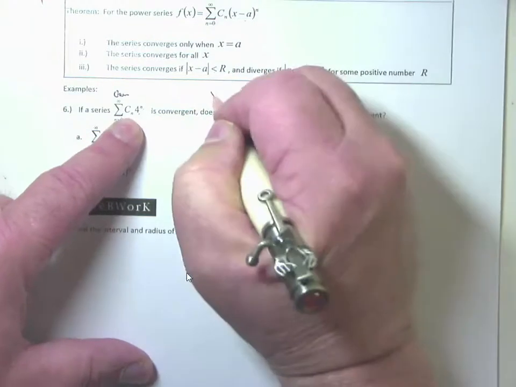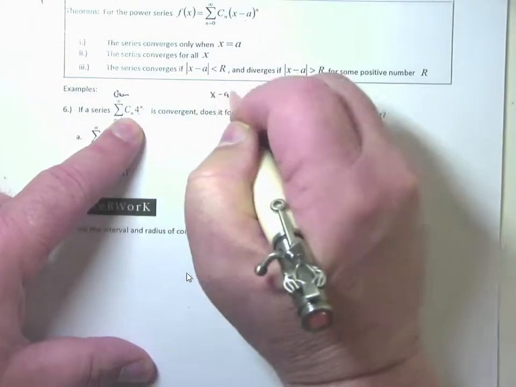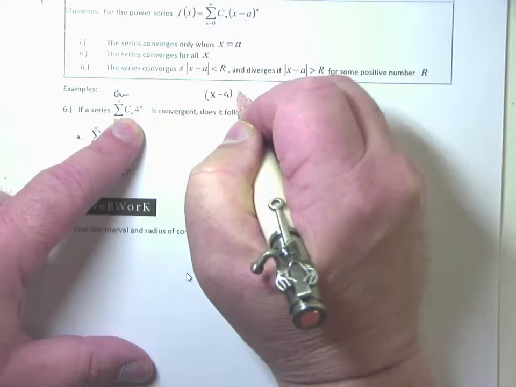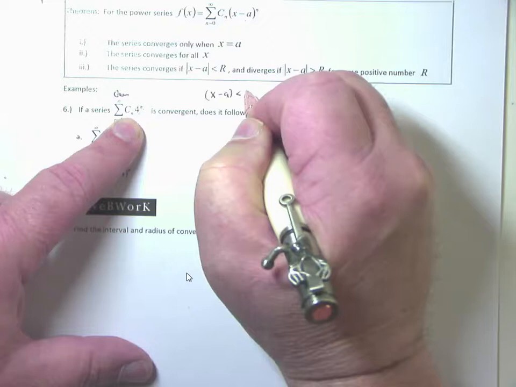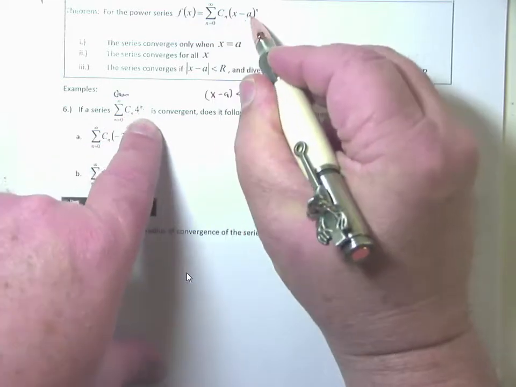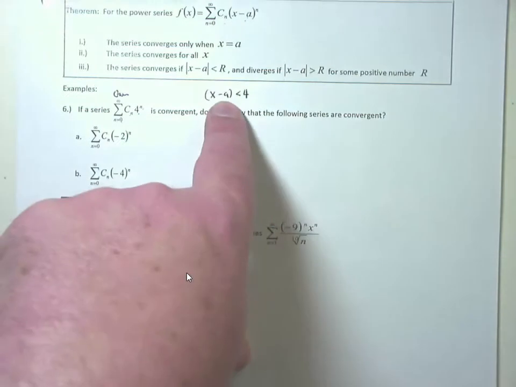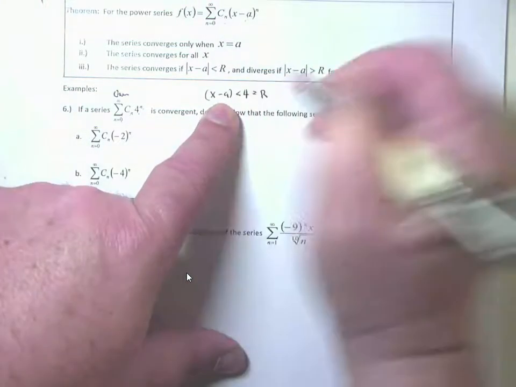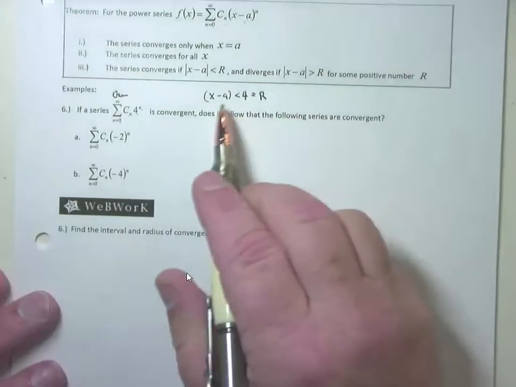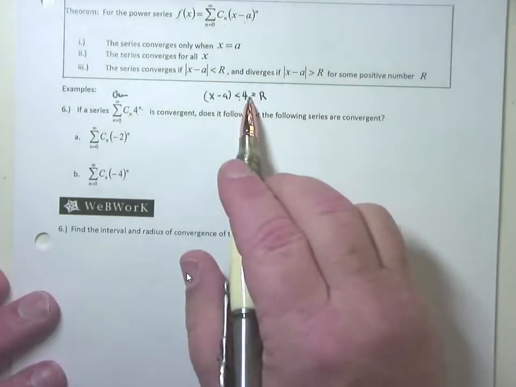The x minus a part has to be less than or equal to the 4 part, comparing it to the 4 being raised to the n. So pretty much my R equals 4, and anything less than or equal to 4 is going to converge.